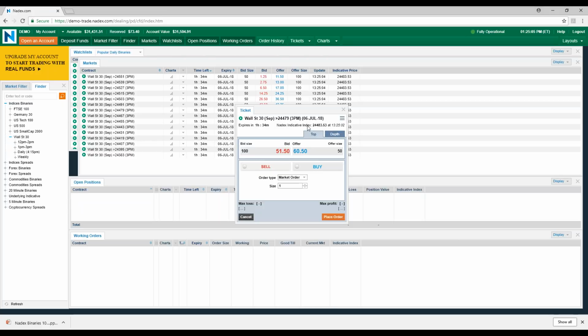At expiration, everybody pay very close attention to this. This is very important. At 3 o'clock, when this contract expires, if the indicative was at 24,479.0, then it's literally at 24,479.